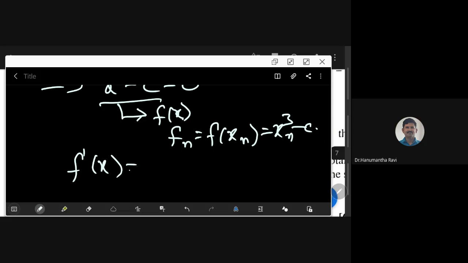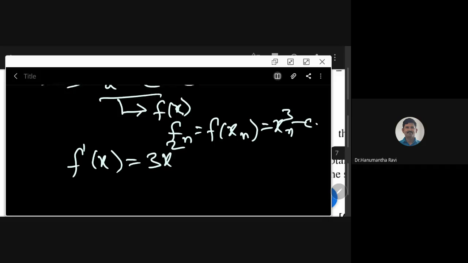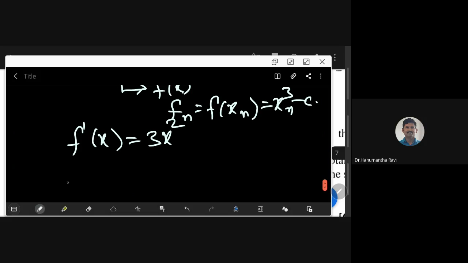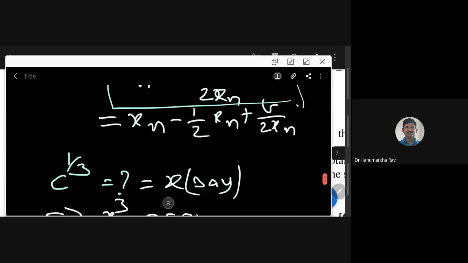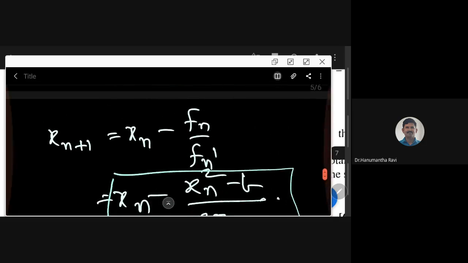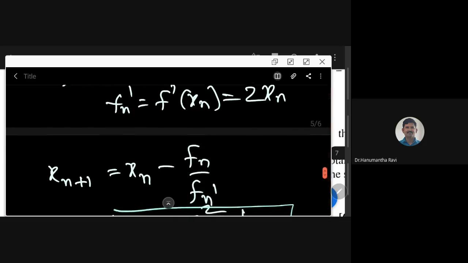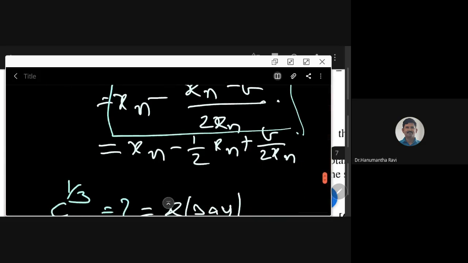F dash of x is 3x square. So we have f dash xn, 3xn square, right?